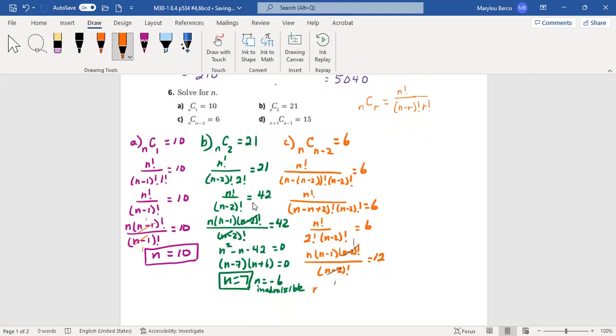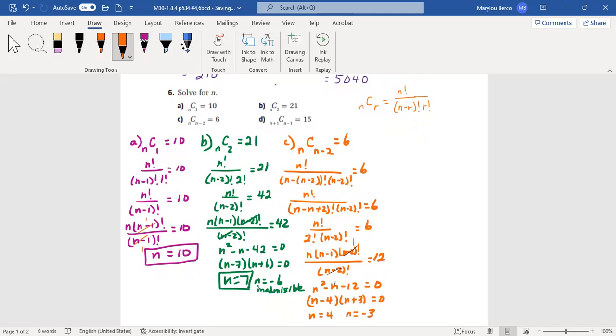And what we have is n squared minus n minus 12 equals 0. Well, that's n minus 4 by n plus 3 equals 0. n equals 4, or n equals negative 3.